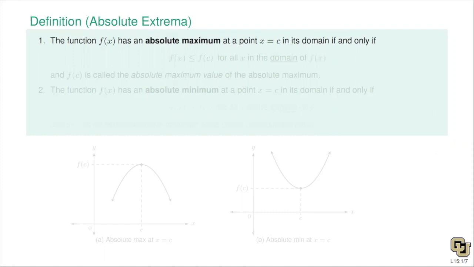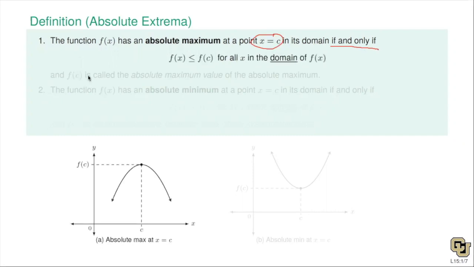So we have 2 types of extrema: absolute maximum, the high point, and absolute minimum, the low point. So we say there's an absolute maximum at the point x equal to c if and only if, you remember what if and only if means, f of x is less than or equal to f of c, and this is the important part, for all x in the entire domain of f of x.